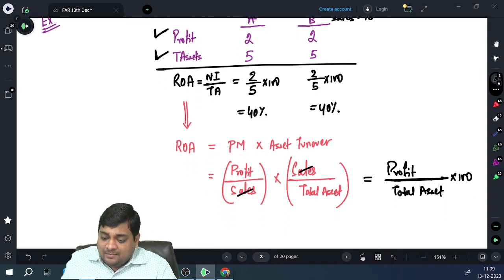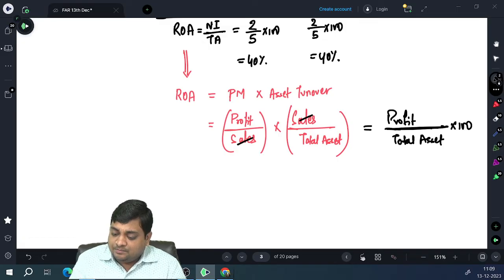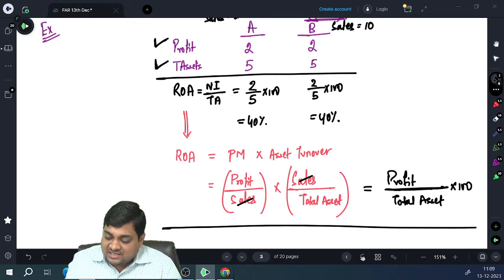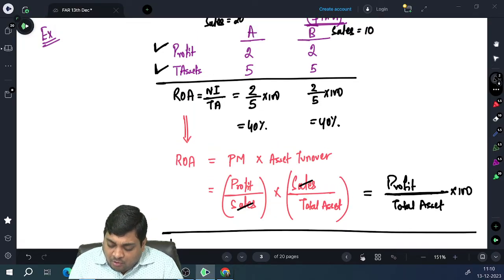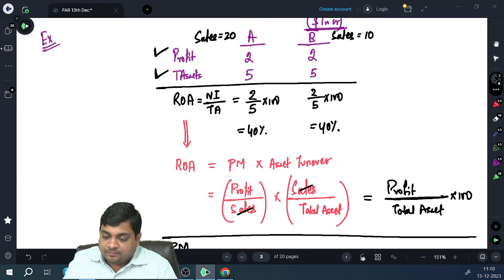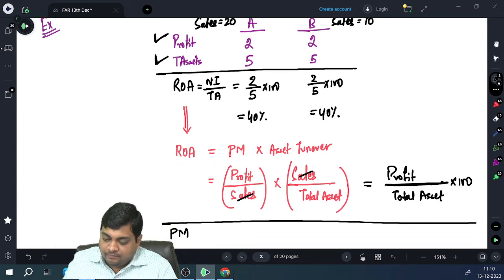Now I can easily say, if I see profit in relation to sales, if I simply calculate profit margin, this is 2 by 20, this is 10%, right?